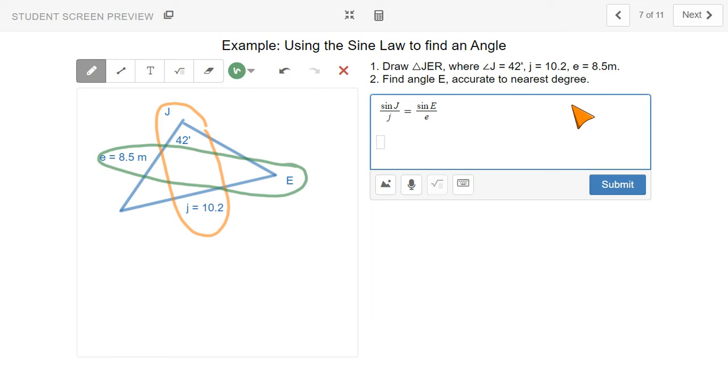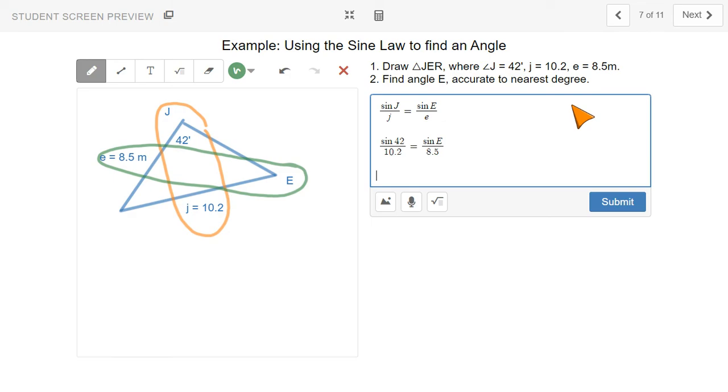Let's substitute the values in now. Sine 42 over 10.2 is equal to sine E over 8.5.